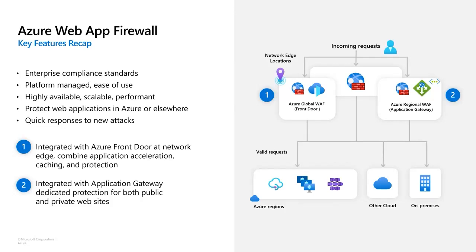You can protect your applications running on Azure, or you can even use your Azure WAF to protect applications running elsewhere. If you do have some kind of hybrid connectivity, between Azure and, let's say, on premises, or between Azure and any other cloud, but you want to use Azure WAF to protect your web applications, you can do that.